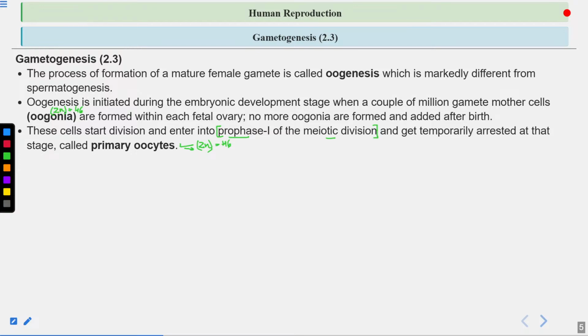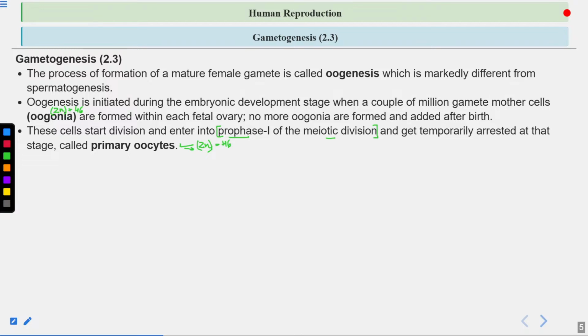Clear? So they are arrested at meiosis 1. That's why the eggs are produced after puberty, because this meiotic division is completed after the female attains puberty. Otherwise, the primary oocytes are arrested in prophase 1 of meiosis 1, and they complete this division when the female attains puberty.